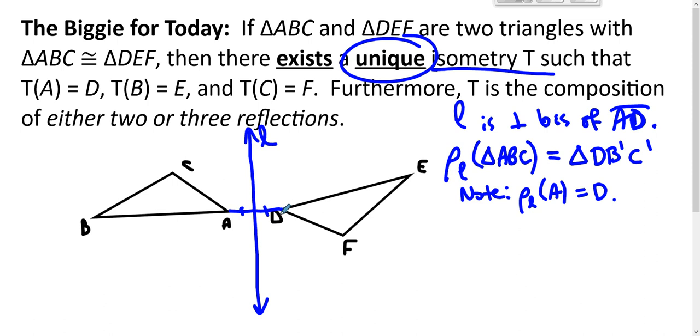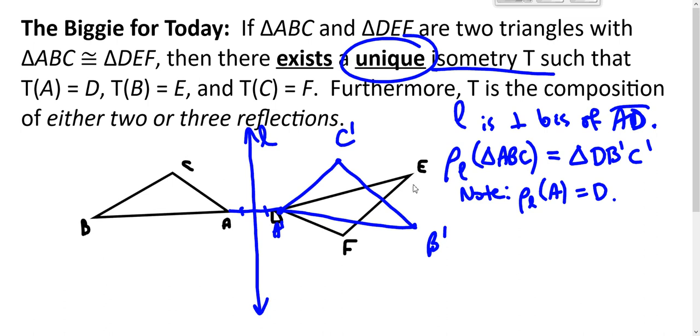And so what does that give us? Now A prime is D, C prime is somewhere over here, and B prime is somewhere over here, right? You've got this triangle like so.